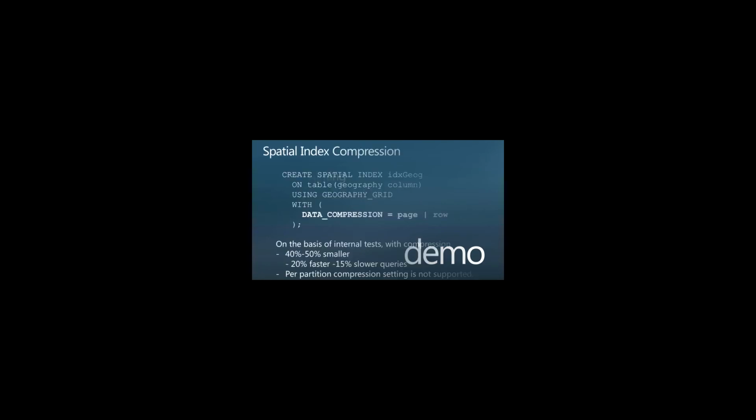So another thing that we allow you to do in SQL Server 2012 is to compress the spatial index using either page or row compression. We did some internal tests with compression, and the result is that normally the indices are about 40 to 50% smaller than without data compression enabled, and queries are between 20% faster to 15% slower, depending on how much we gain by having fewer IOs compared to how much we have to spend in addition to decompress the data.